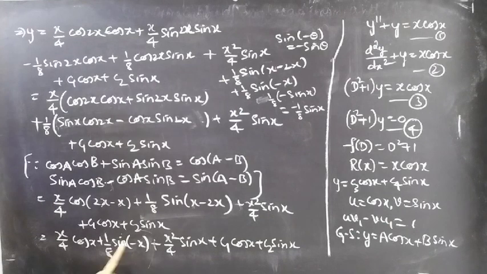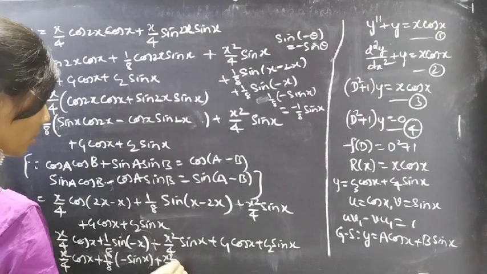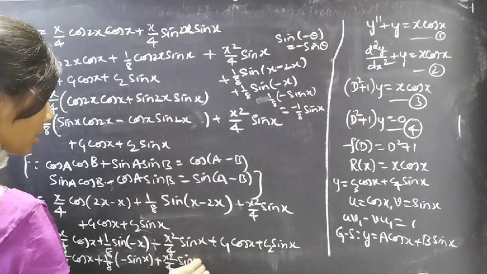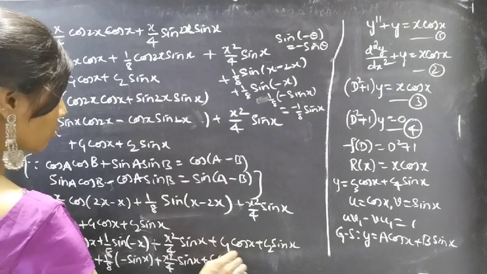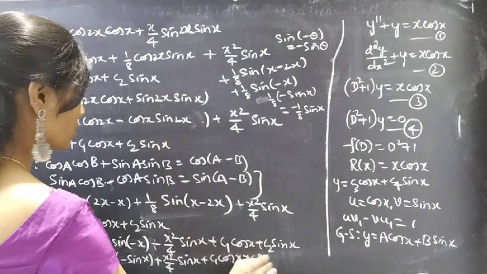In the next step you'll get x by 4 cos x plus 1 by 8 of sin of minus theta is minus sin theta plus x square by 4 sin x plus c1 cos x plus c2 sin x.